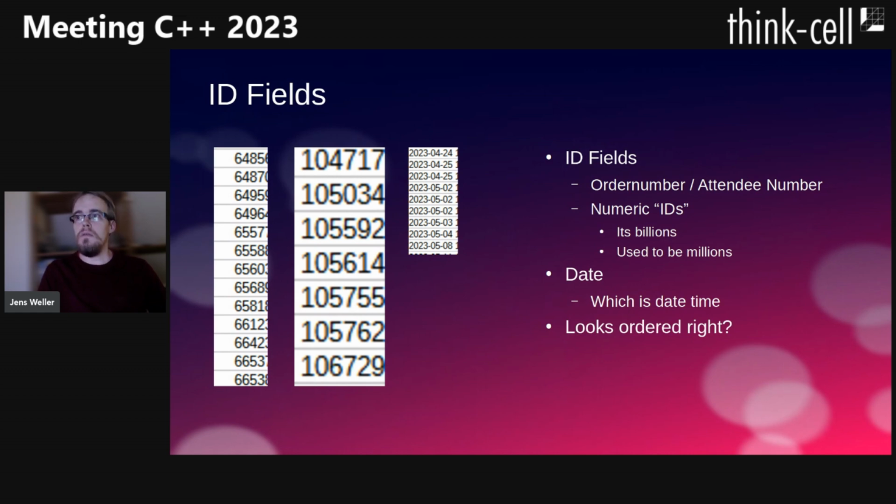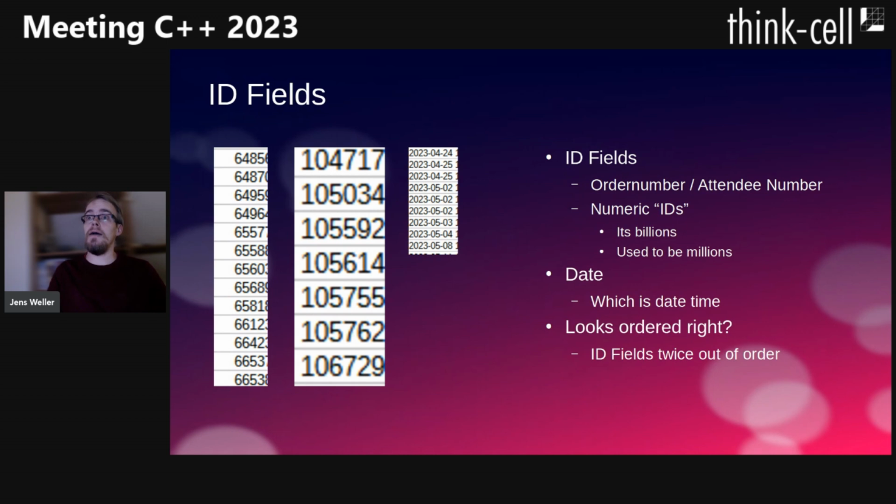And the date also looked ordered. I've written some simple code to check this, because I assumed it's ordered. And then I was surprised to find out the ID fields are not ordered.